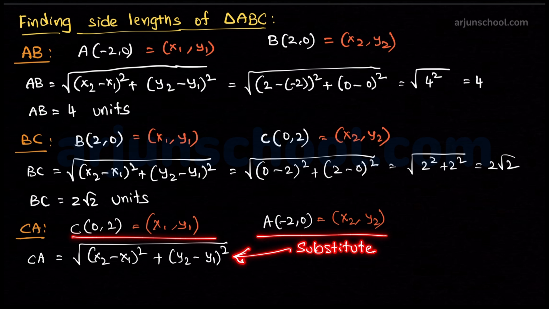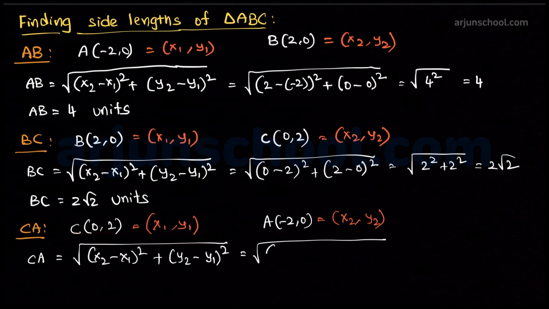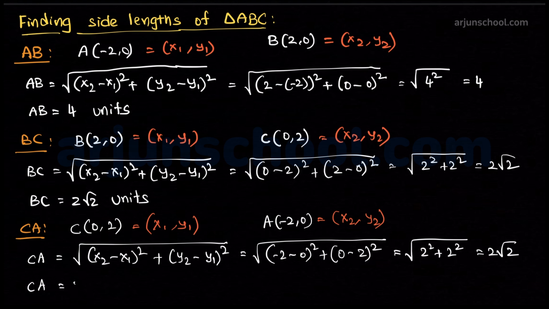We get root over (minus 2 minus 0) whole square plus (0 minus 2) whole square. That is equal to root over 2 square plus 2 square, which is root 8, 2 times root 2. Therefore length of the side CA is 2 times root 2.